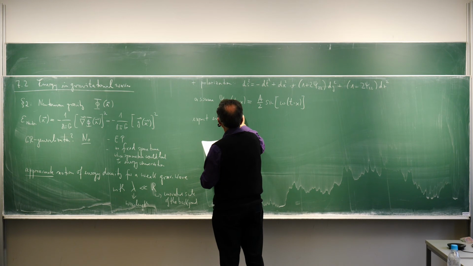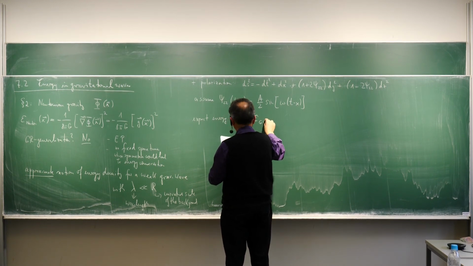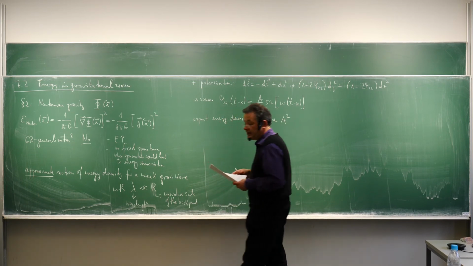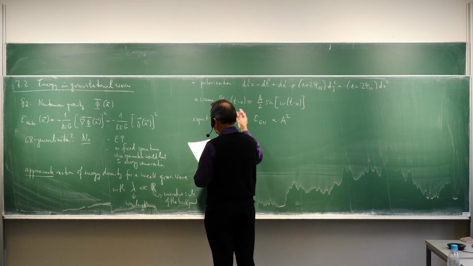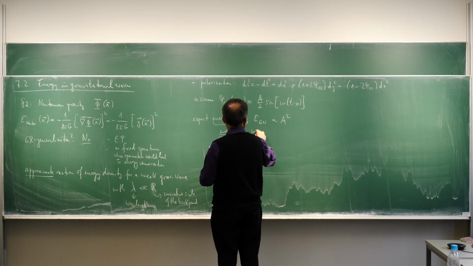So we expect the energy density epsilon of gravitational waves proportional to A squared. And now let us make a dimensional analysis. An energy density is energy over length cubed, or if we set c equal to 1, then we have mass over length cubed.